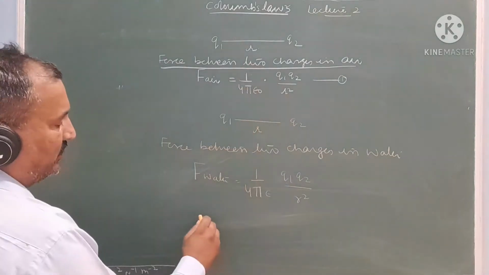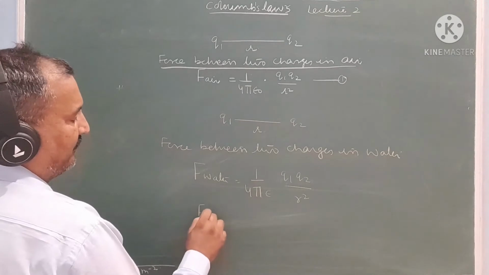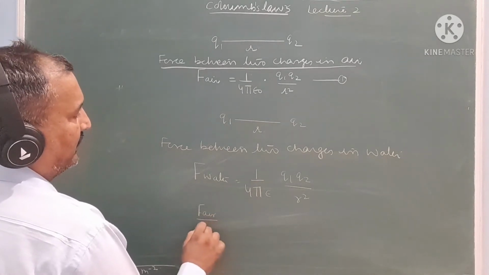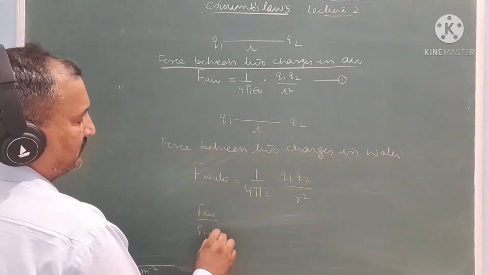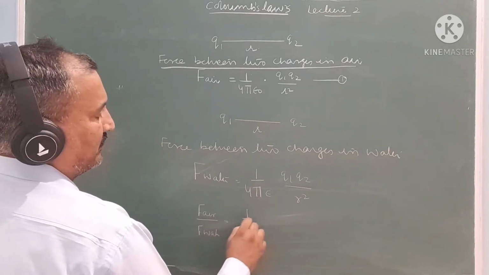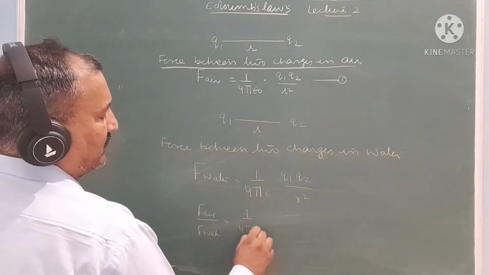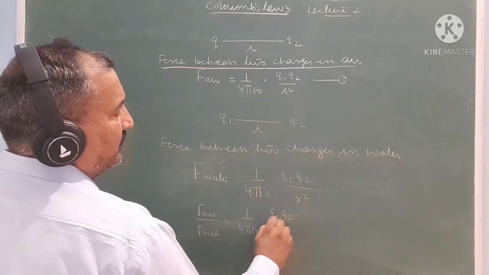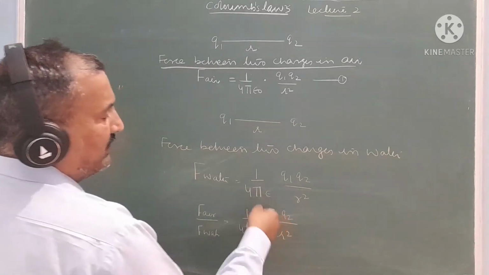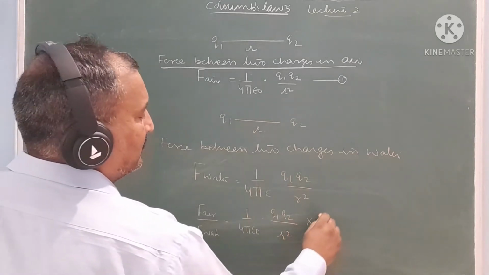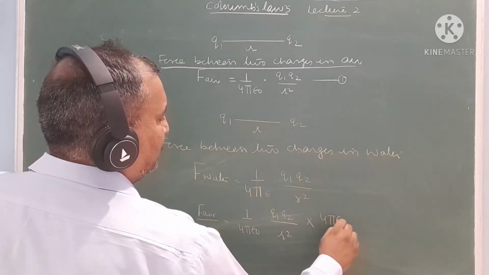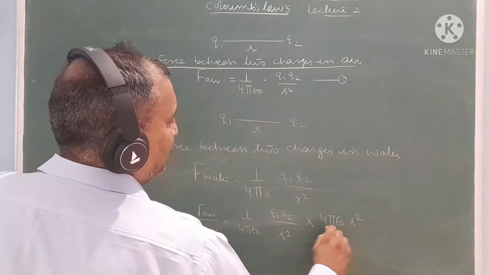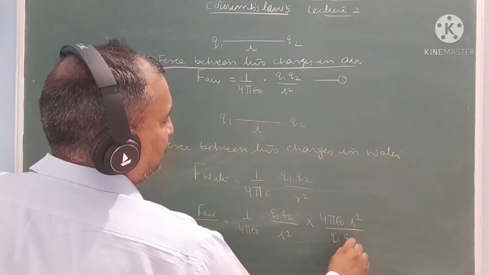You can divide these equations. That means F air upon F water is equal to 1 upon 4 pi epsilon 0 into Q1 Q2 upon r square, multiplied by the reciprocal, 4 pi epsilon into r square upon Q1 Q2.